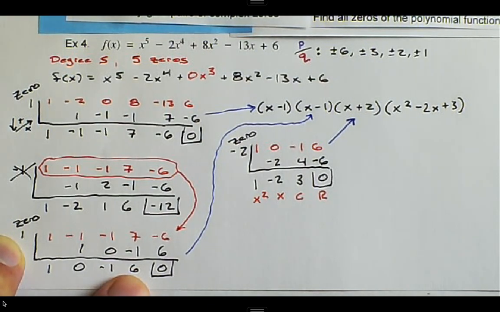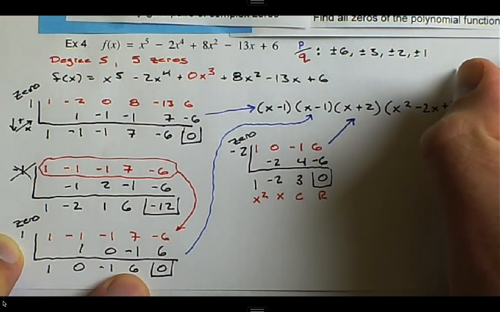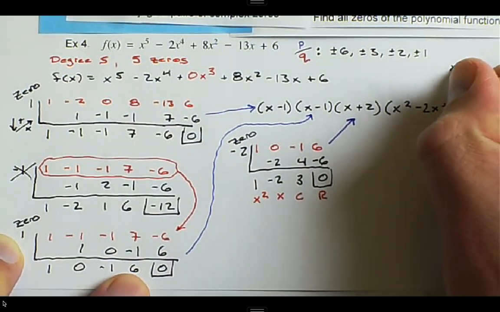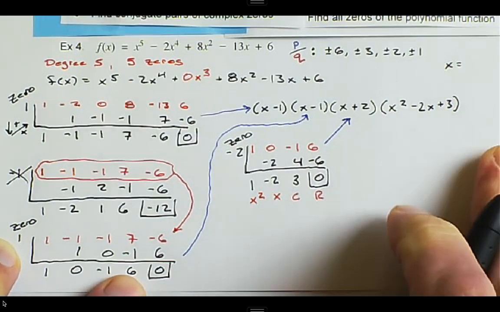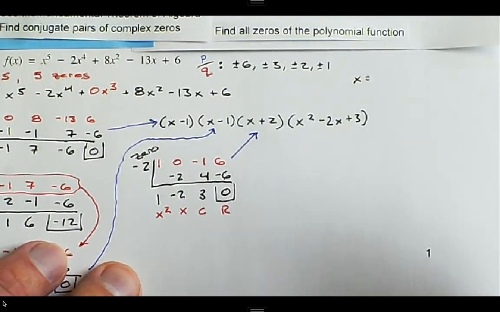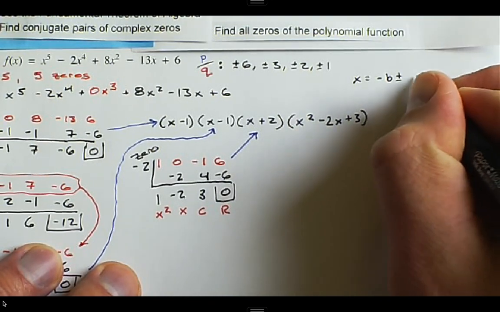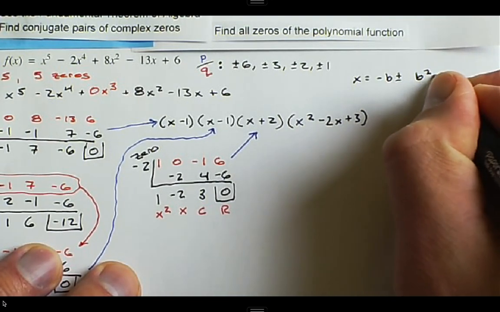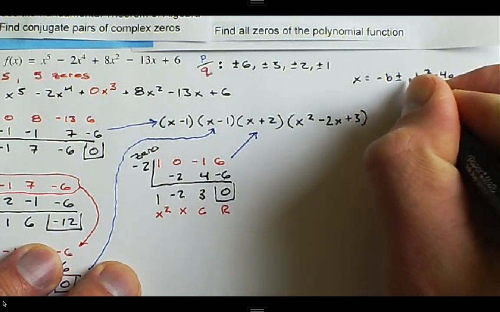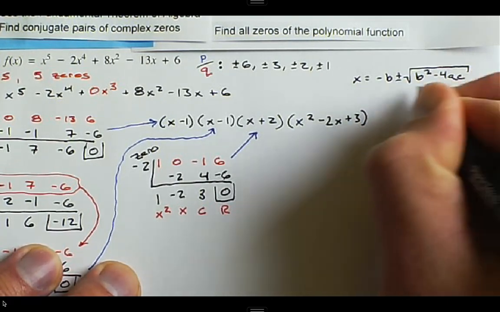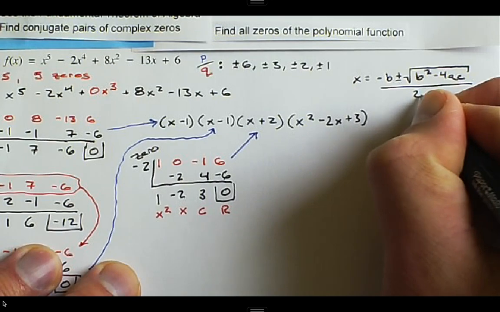And for this one, we're going to have to use the quadratic formula to figure out what our last two zeros are. So x equals, we'll slide this over, x equals -b plus or minus the square root of b squared minus 4ac, all over 2a.